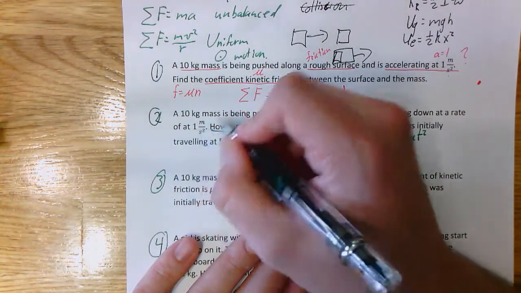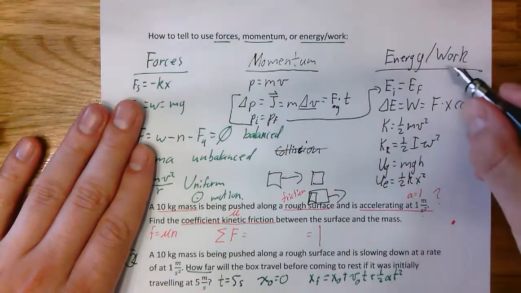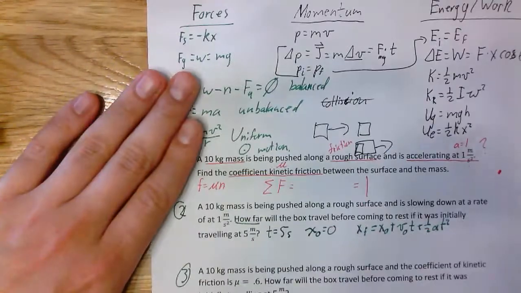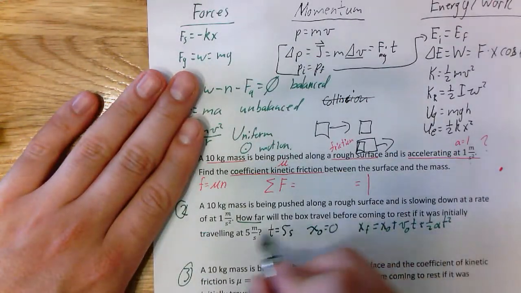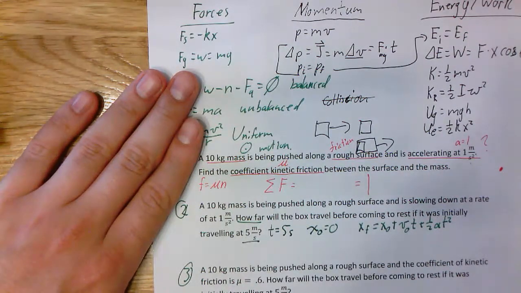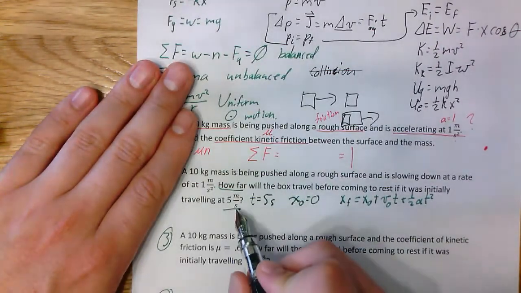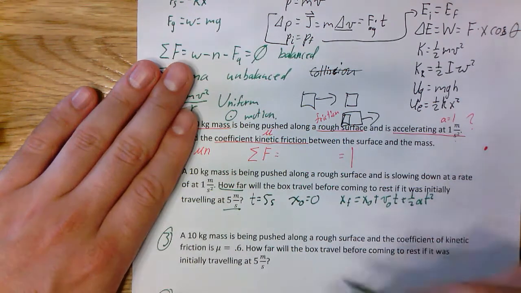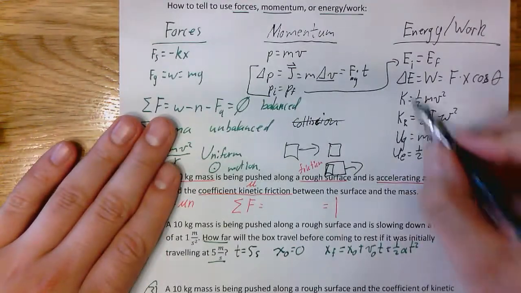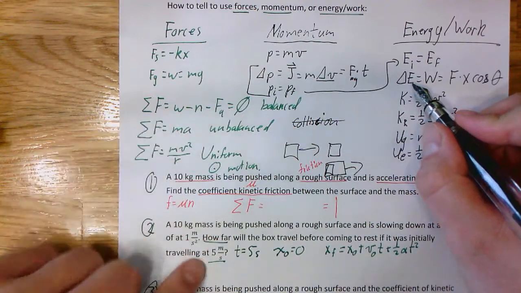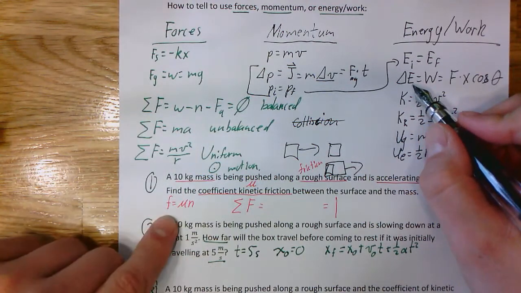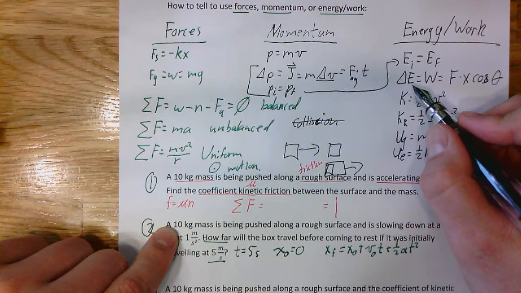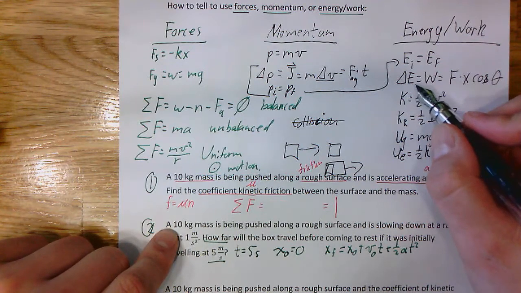If I just gave you a force, let's say friction is 1 Newton, right? Then this is definitely a work problem because we are going 5 meters per second. So we have kinetic energy to begin with. It's going to come to rest. We're going to lose all of our energy. So my energy is going from whatever 5 meters per second for a 10 kilogram box is, to 0.